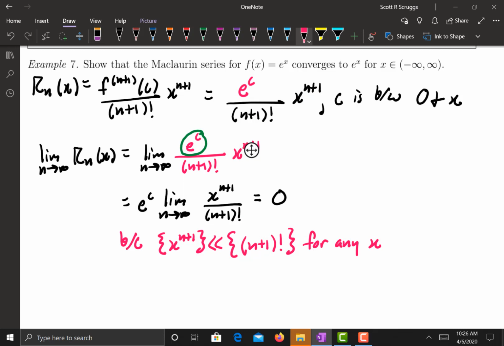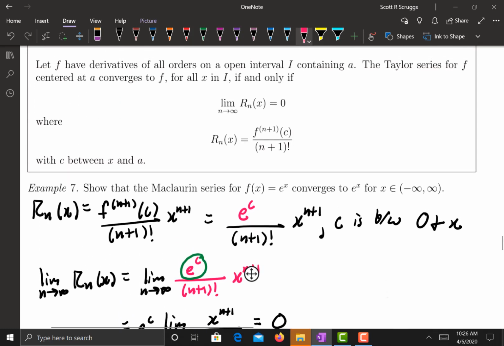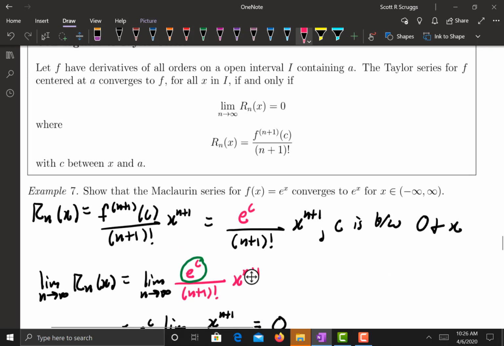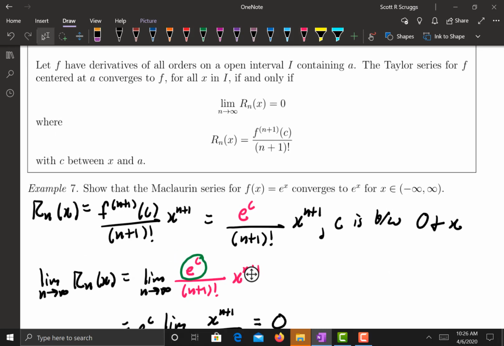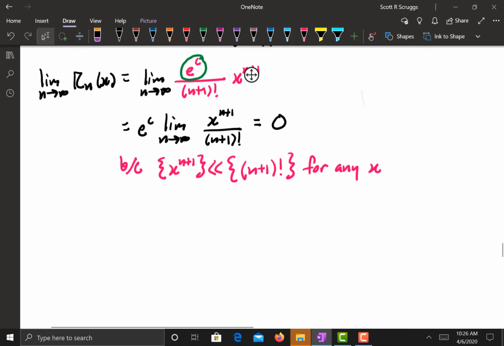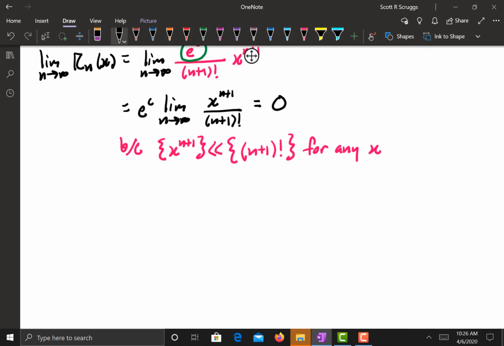And I do that for all of them. So because the remainder is 0, by my theorem, that is telling me that I can now boldly claim that e to the x equals its Taylor series.